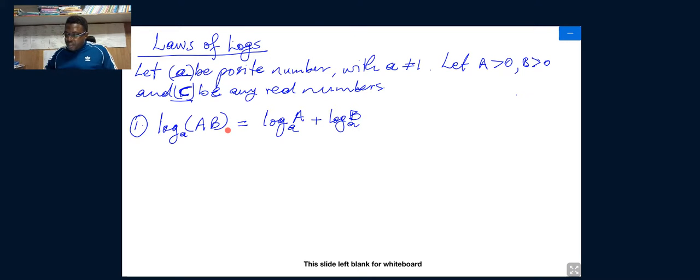Look at the bases here. Base A, base A. So that is why there is an addition sign.